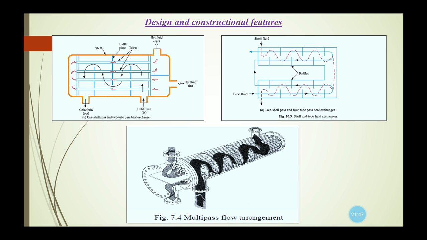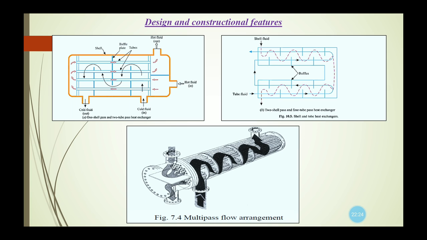So what happens in case of this multi-pass flow arrangement? Which you can see in this diagram, it is the third diagram here, 7.4 multi-pass flow arrangement. In this arrangement, to increase the surface area for convection relative to the fluid volume, it is common to design multiple tubes within a single heat exchanger.